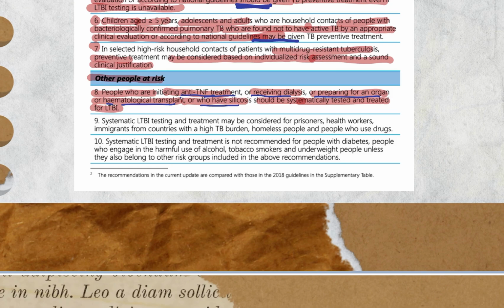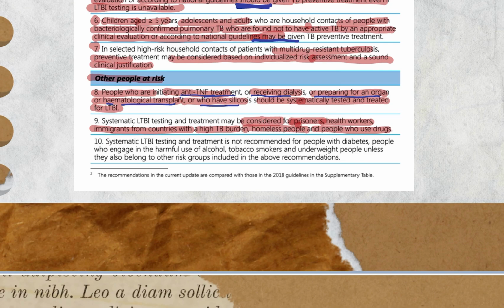Systematic latent TB testing and treatment may be considered for prisoners, health workers, immigrants from countries with a high TB burden, homeless people, and people who use drugs. So this can be considered.